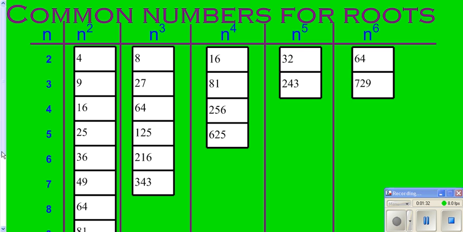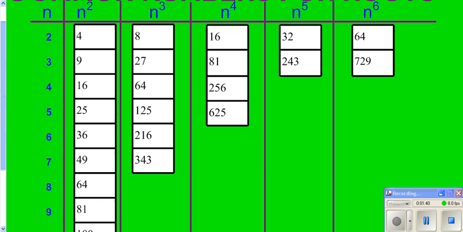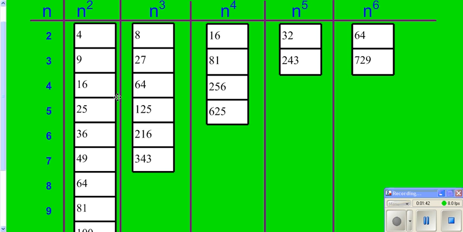Now, as we're going through this section and for the whole rest of the chapter, you're going to want to be familiar with these numbers over here in the white boxes. If you come across any of these numbers, you want to say, oh, I could rewrite that. Like 81 right here. 81 is really a 3 to the fourth power. 81 is also a 9 to the second power.